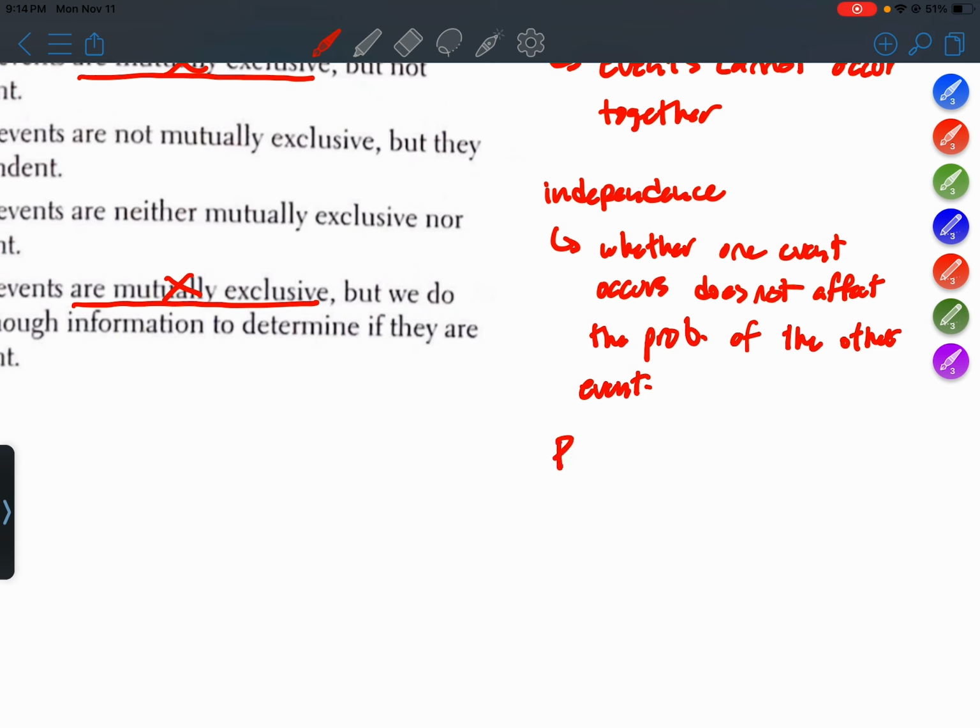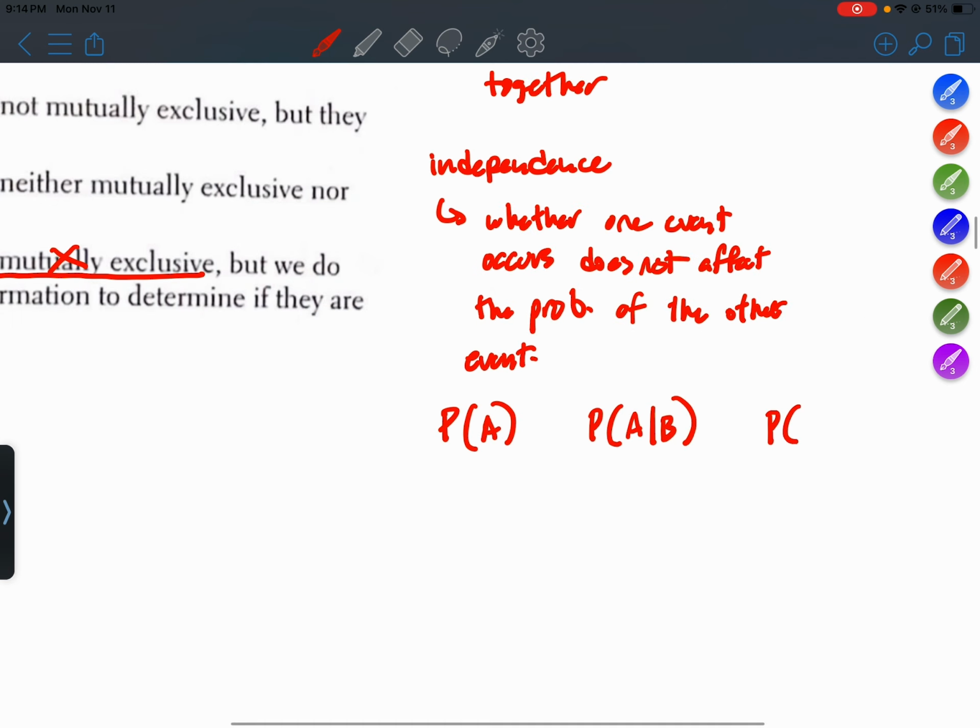You can find the probability of one event, find the probability of that same event given that the second event has occurred, and then also find the probability of the first event given that the second event has not occurred. If you find that all these probabilities are the same, then the occurrence of the second event or not doesn't change the probability of the first event.